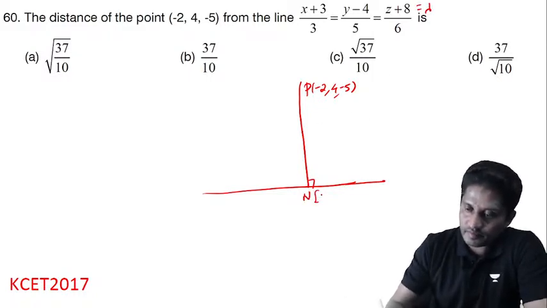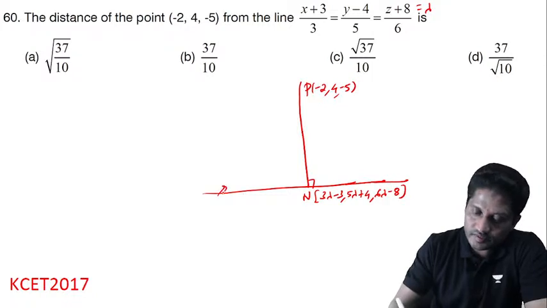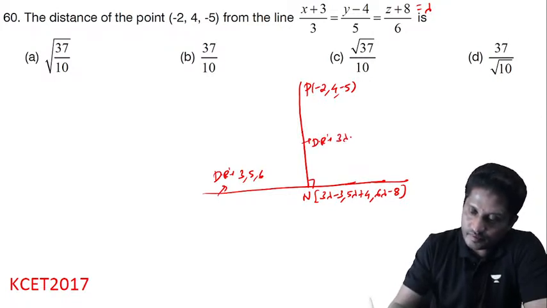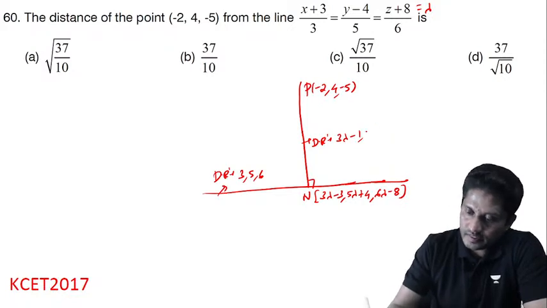General point on this line will be 3 lambda minus 3, 5 lambda plus 4 and 6 lambda minus 8. So DRs of this line will be 3, 5, 6. And DRs of this line joining 2 points will be 3 lambda minus 3 plus 2, which is 3 lambda minus 1, then 5 lambda, and 6 lambda minus 8 plus 5, which is 6 lambda minus 3.